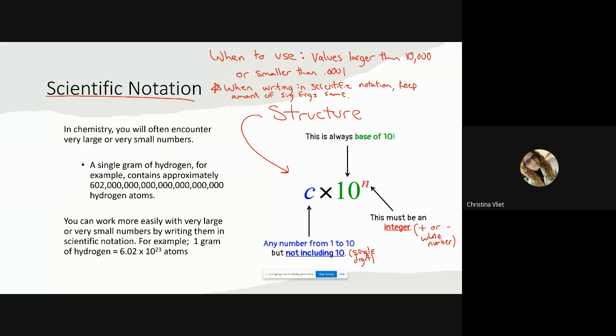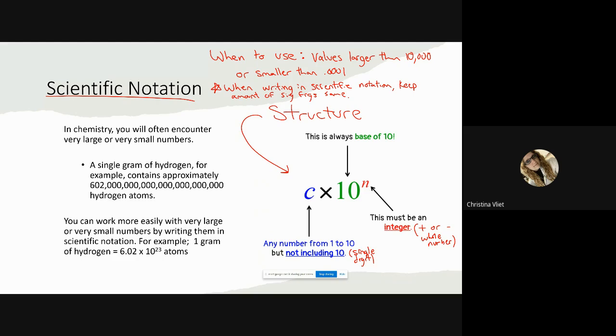If you look at these two values again, 602 with 21 zeros, how many significant figures are here? In this gigantic number? 3. Because we don't know these zeros are exact.